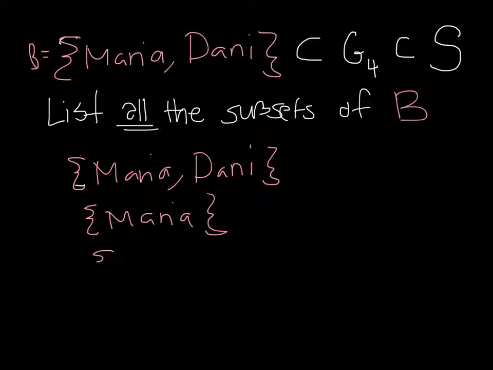We can also say the set just Danny, right? This is usually called a singleton set because there's a single element in the set as opposed to multiple elements. So far I have one set, two sets, three sets, and there's actually one more set. And that's the empty set.